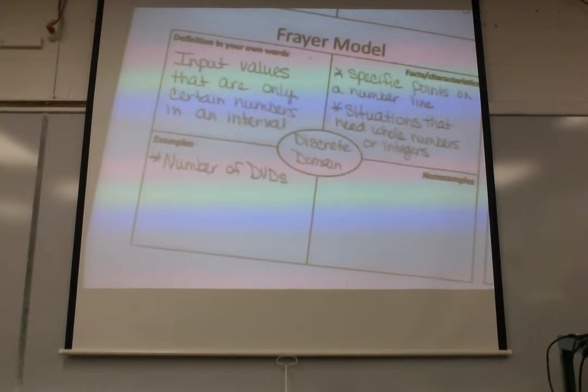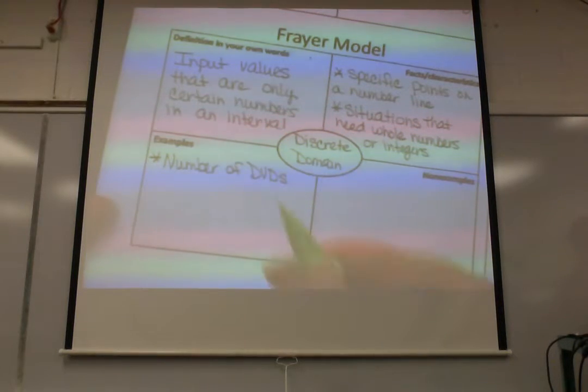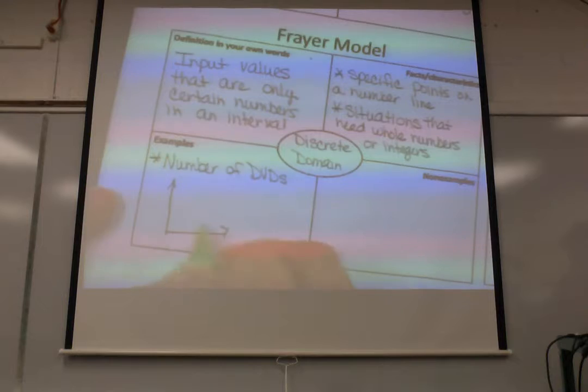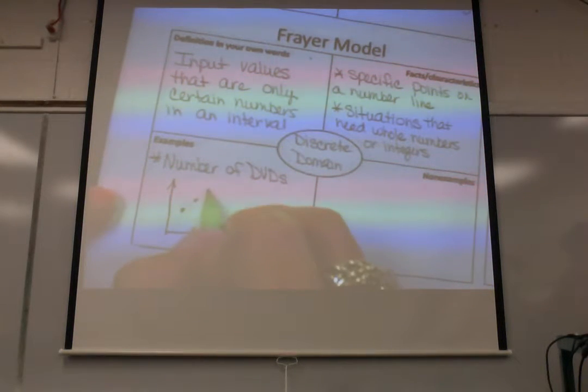Like if you joined a club and you're going to buy two DVDs every month, isn't that going to go up 2 DVDs every month? But you're only going to have specific points. It's going to go up 2, 2, 2, but they're going to be points. So your graph would just be points.